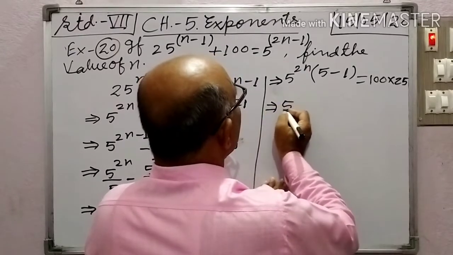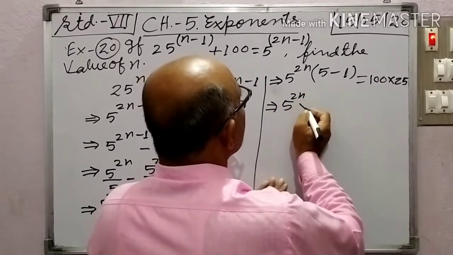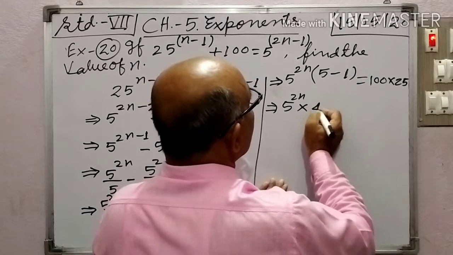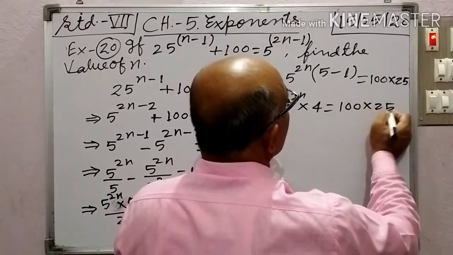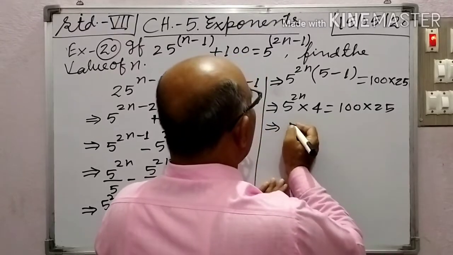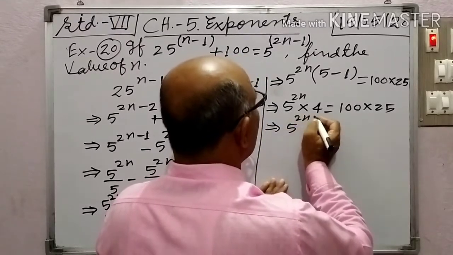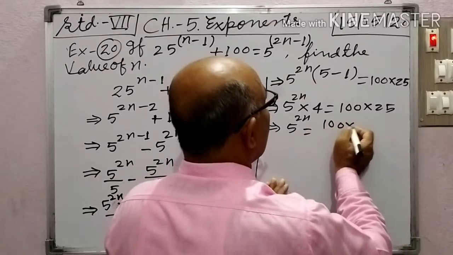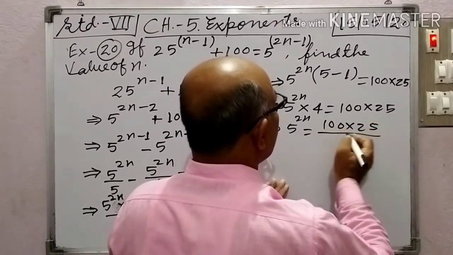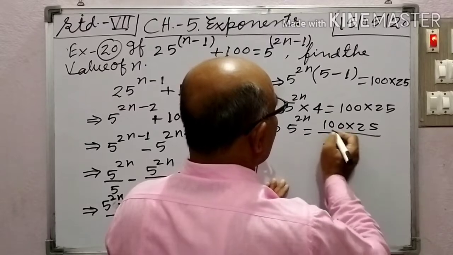Now 5 to the power 2n into 5 minus 1, that is 4, equals 100 into 25. That implies 5 to the power 2n equals 100 into 25 by 4.